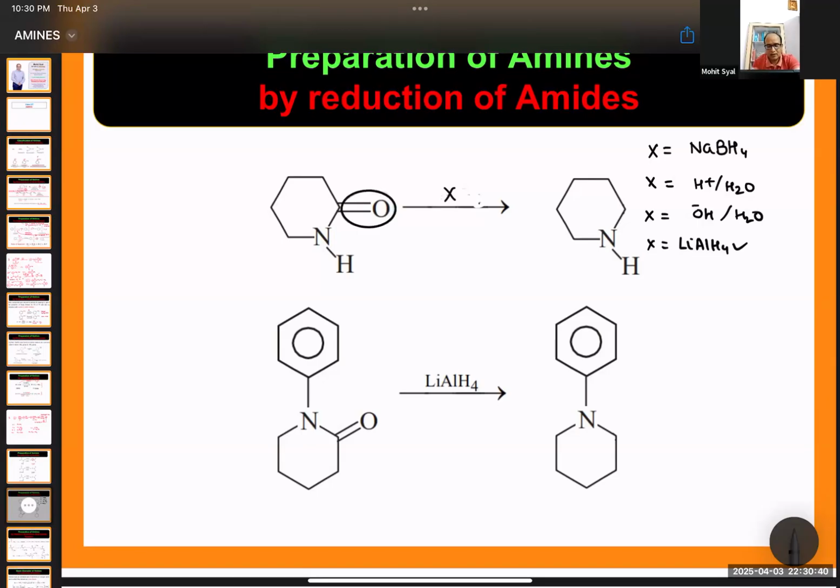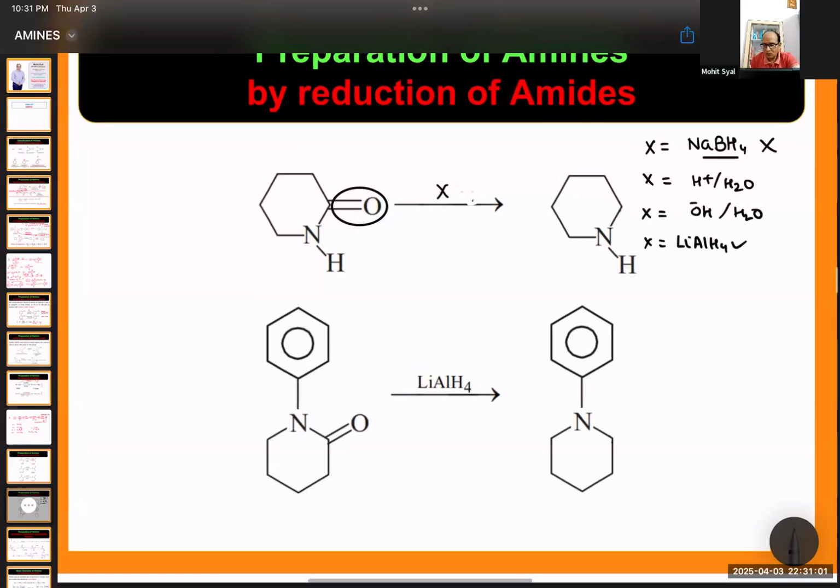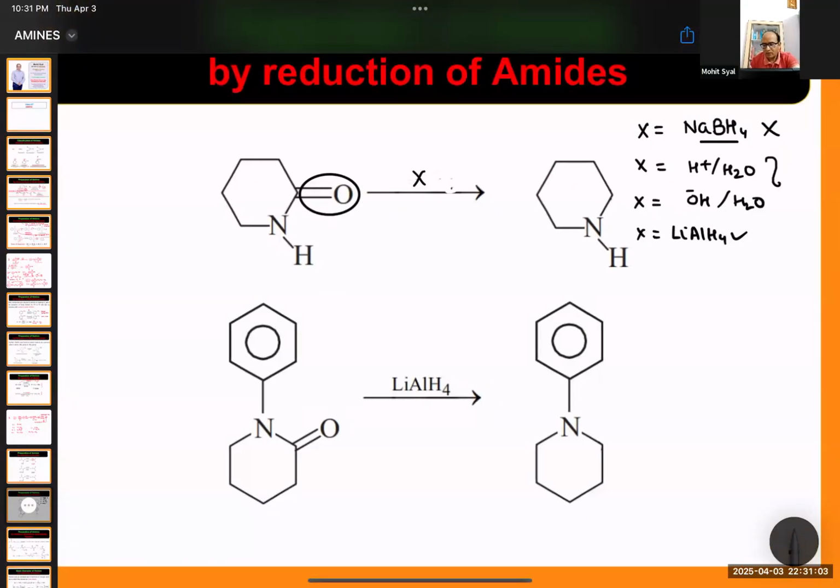But what about the other reagents? NaBH4 is also a reduction, but it is a mild reducing agent that we discussed in the chapter of alcohols. Being a weak reducing agent, it will not reduce the amide. And these two will not be an option because they are hydrolysis.